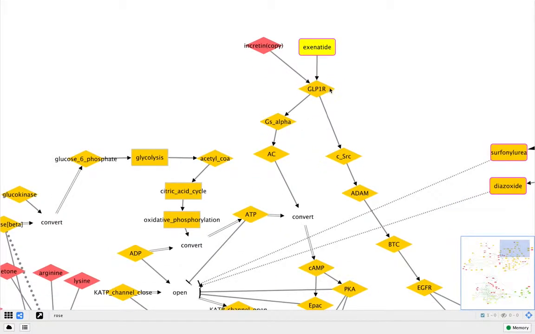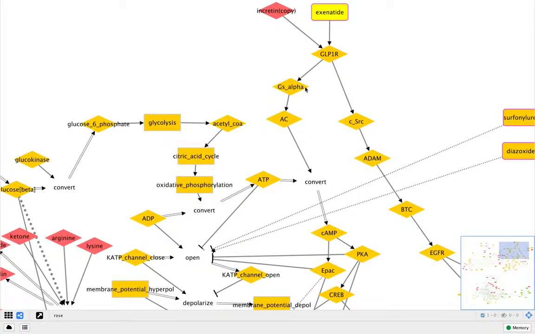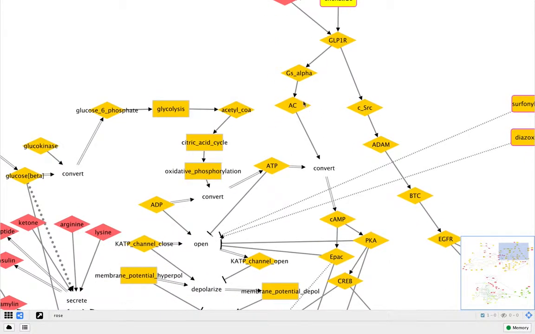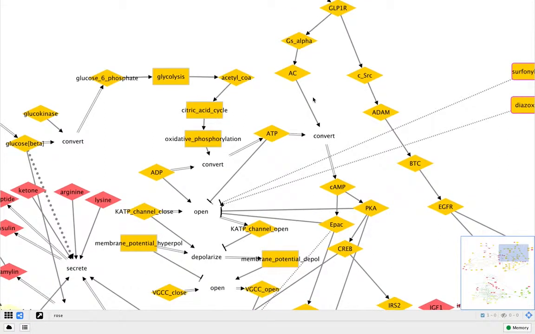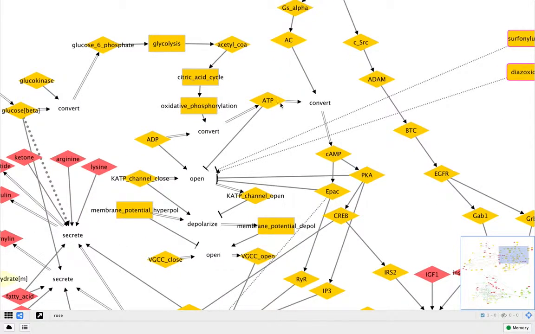If the GLP-1 receptor is activated, the Gs-alpha molecule is produced. This is a small G protein, and it activates the enzyme called adenylyl cyclase. This enzyme converts ATP to cAMP.